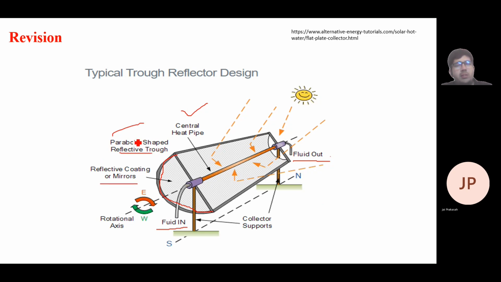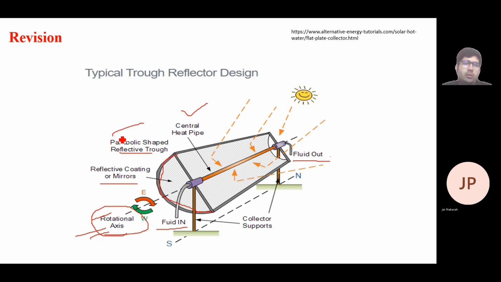We can do some coatings that will reflect the sunlight, or we can also use mirrors. This is the rotational axis, to rotate this so that the solar radiation strikes it perpendicularly, so it can track the sun.